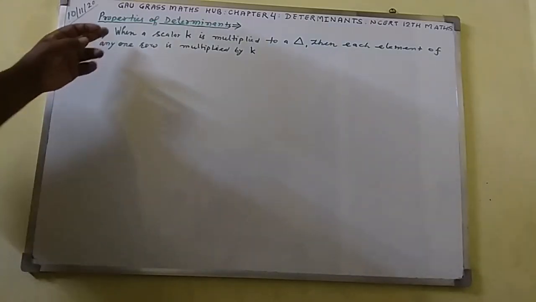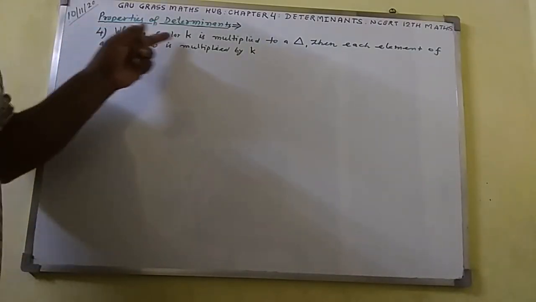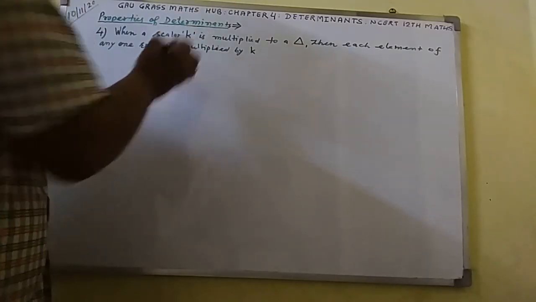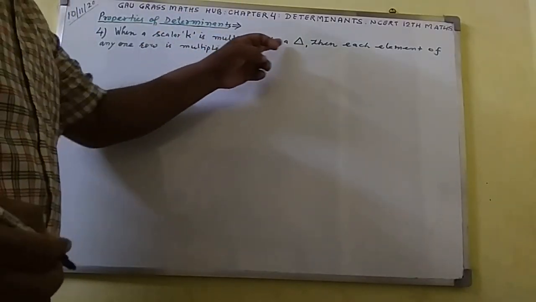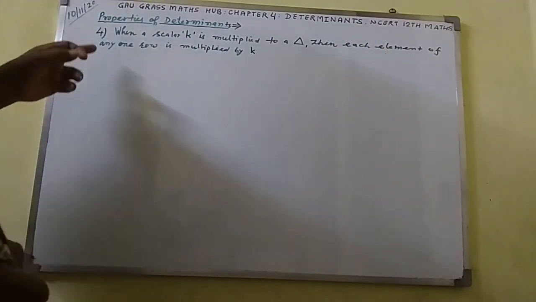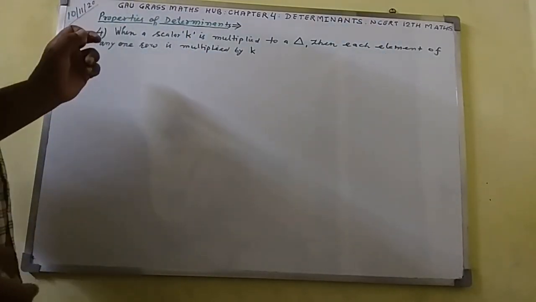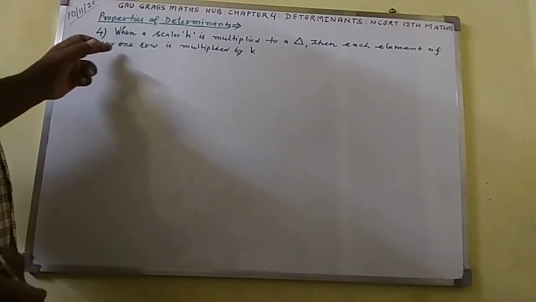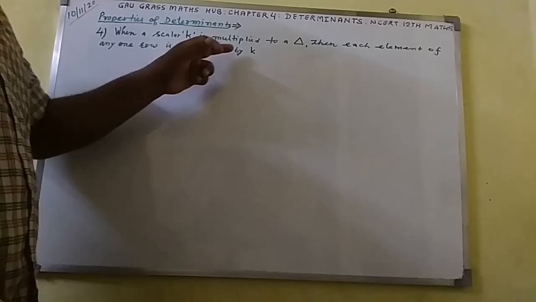So here I have written property number 4. When a scalar k is multiplied to a determinant, then each element of any one row is multiplied by k.